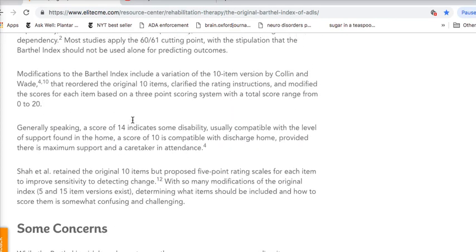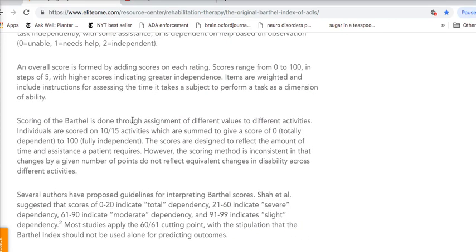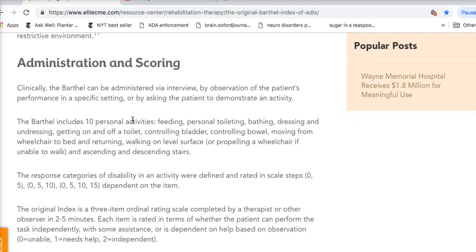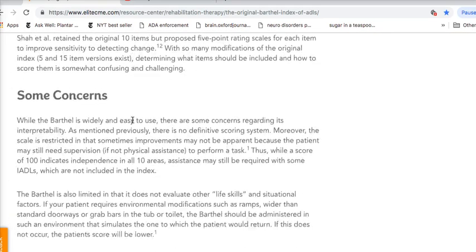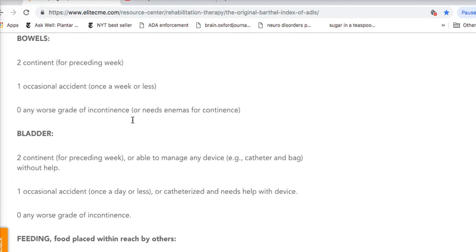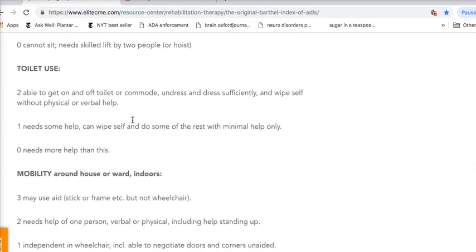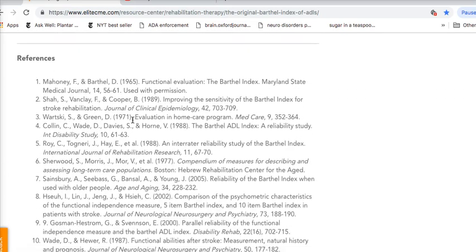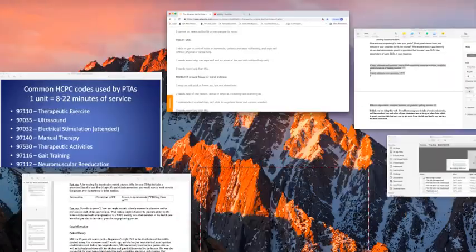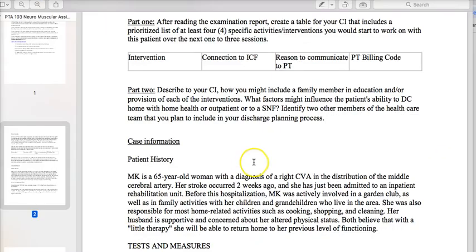So if this patient scores a 7, what does that mean? What does that mean if that patient is only scoring a 7 out of 20 on a Barthel Index? Looking at these various categories and having some interpretation hypothetically of what that may look like in terms of this particular patient in this scenario. So that is going to help decide your discharge planning, among other things, as well as the response of the patient at the time to your physical therapy interventions.